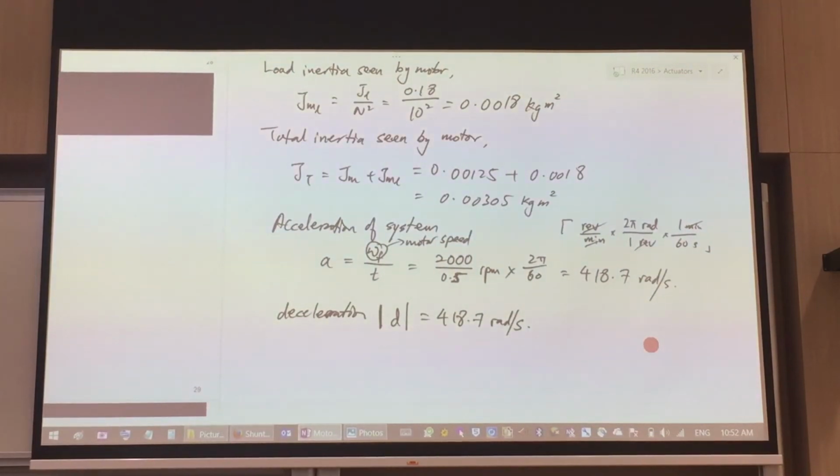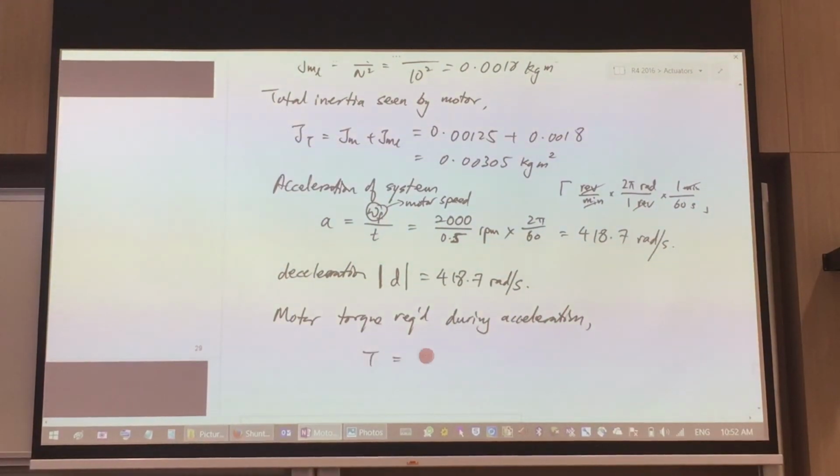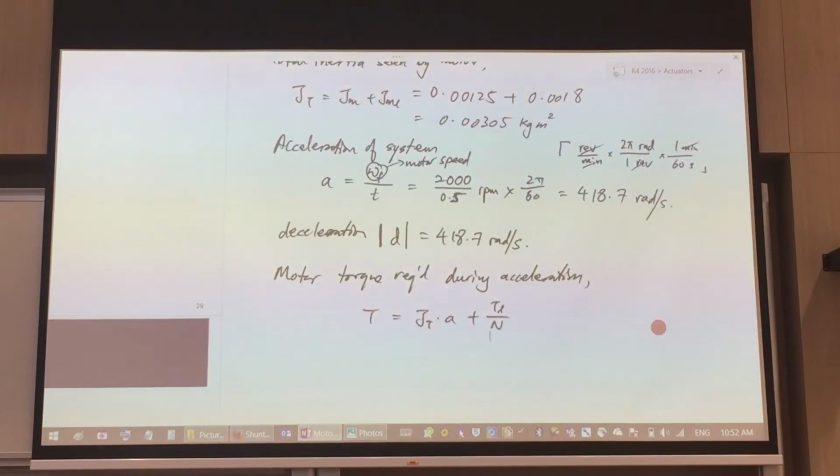So now I have that the motor torque required during acceleration is T equal to J_T multiplied by acceleration plus T_L over n. That's torque.